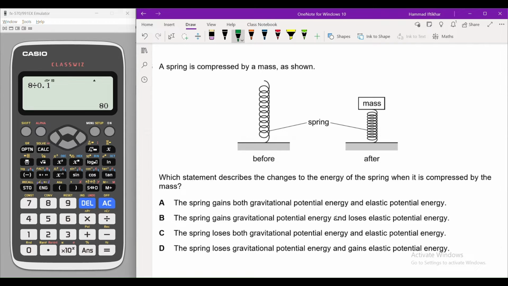We know that. It doesn't lose elastic potential energy. And since it is a spring, it's decreasing in length vertically, so it loses a little bit of gravitational potential energy also. And it's gaining the elastic potential energy. So the reason it's gaining elastic potential energy is due to the loss of gravitational potential energy. So D.